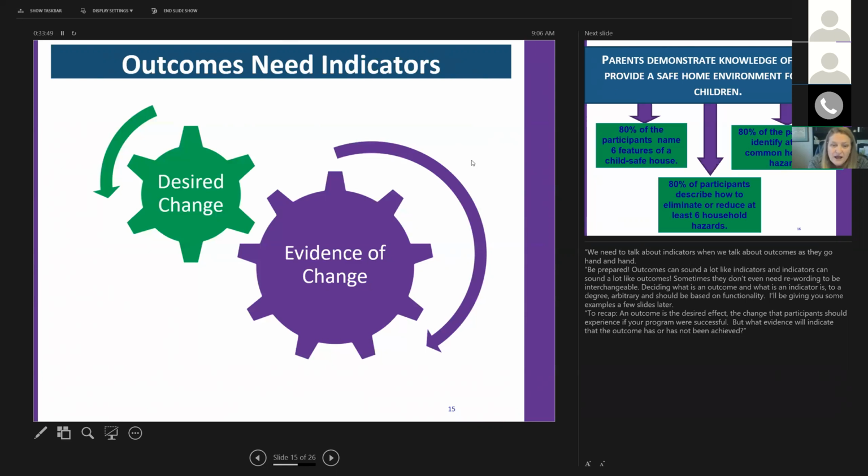The key here is understanding your own outcomes, whether you've written them or someone else has, is super crucial, because if outcomes don't fit your target population and who you're working with, the services that you offer, then that's not a good fit for you.